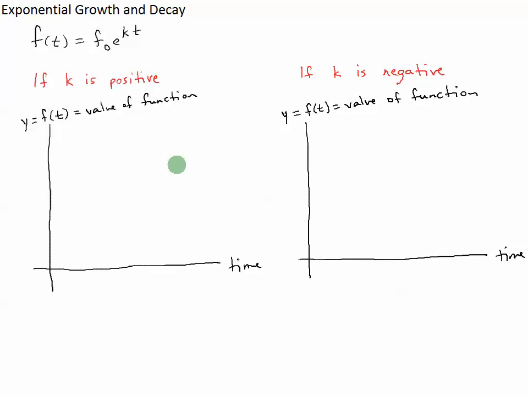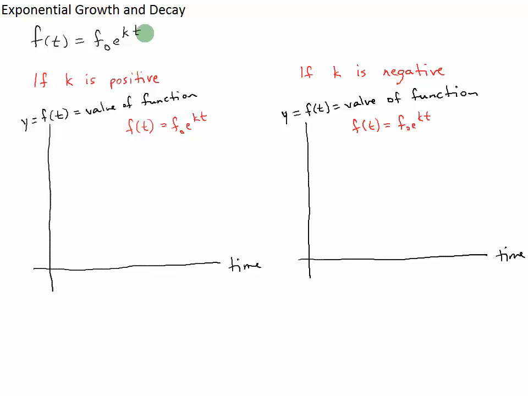In either case the function is f of t equals f sub 0 times e to the kt. I've labeled the axes. The horizontal axis is the time axis, the t axis, because remember t is the variable. And the y-axis is f of t, or the value of the function, and that can represent different things in each case.